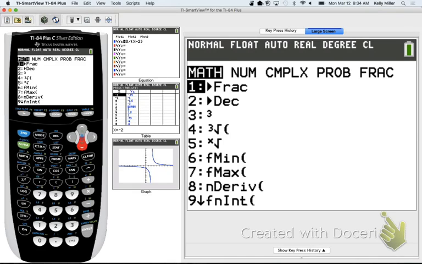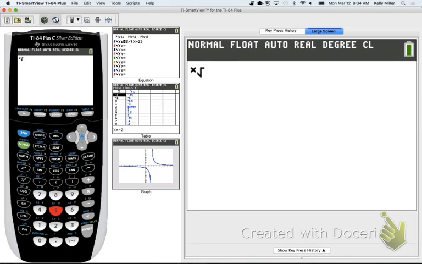So if you wanted to find the cube root of anything, you could just jump right to number 4. But then number 5 is your nth root. So you need to pick whatever it is. So if I click on number 5, oops, I have to put the number in first. So 5, I'm doing the fifth root. And then I would hit math number 5 of 32, and it gets me to 2.